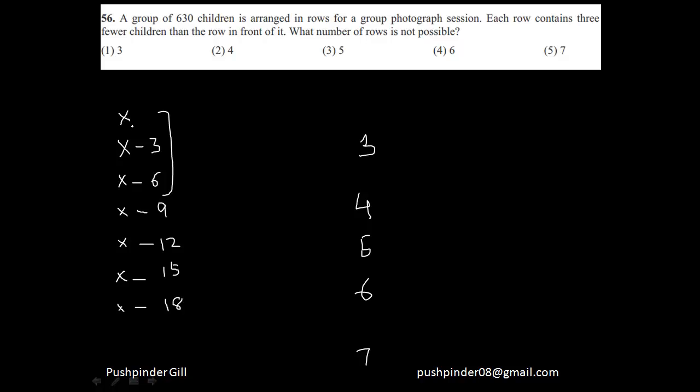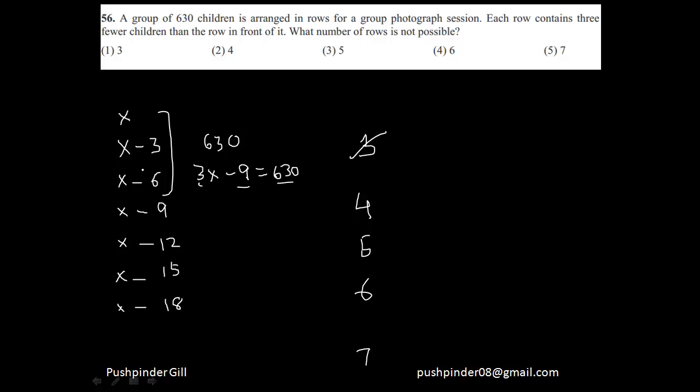So if this summation is equal to 630, this plus this would be 3x minus 9, and this is going to be equal to 630, which is possible because this is divisible by 3, this is divisible by 3, and when 3 divides the expression I'll get x as an integer. So that means this cannot be my answer.